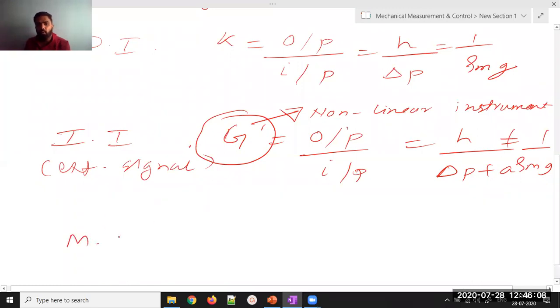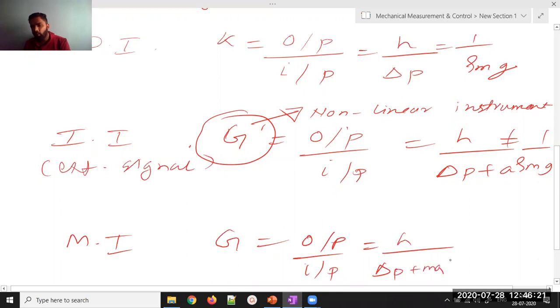Now for modifying input, it looks similar: output upon input. There is some output, some input, and one more thing, h upon, and now this will change. What I have to put here is mg. For our case, it was mg sine theta which was contributing.